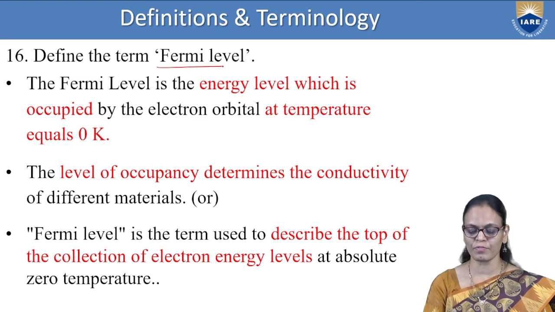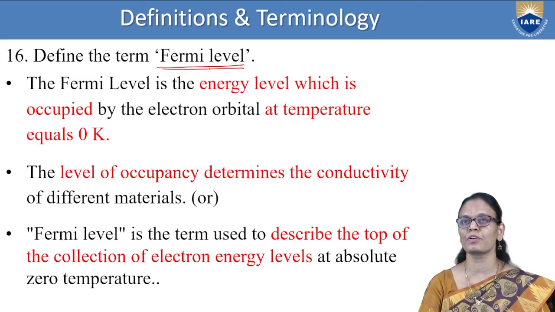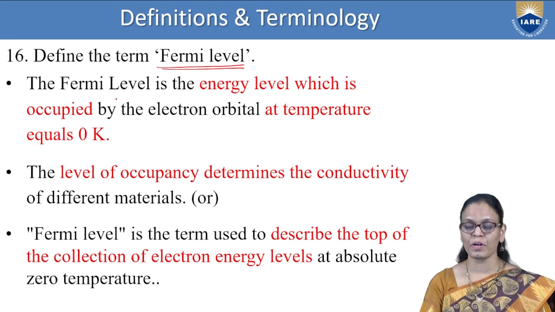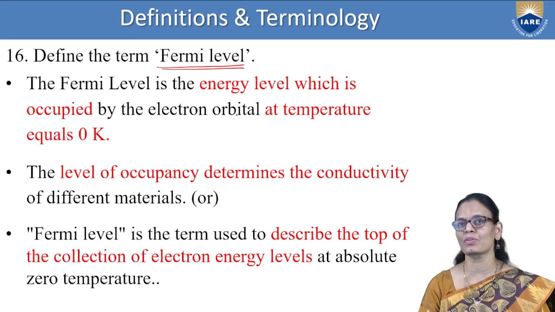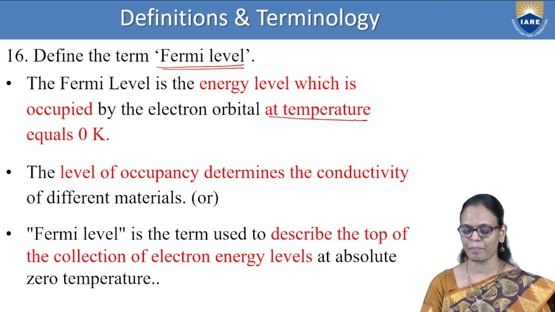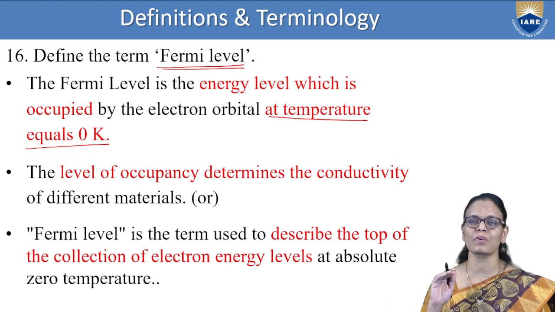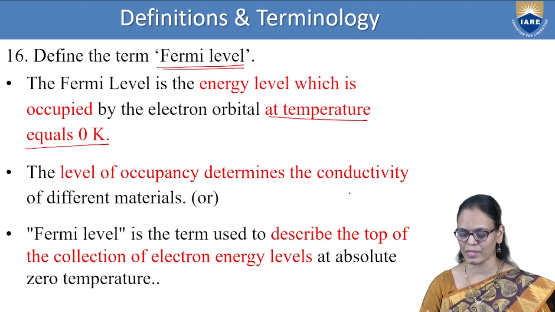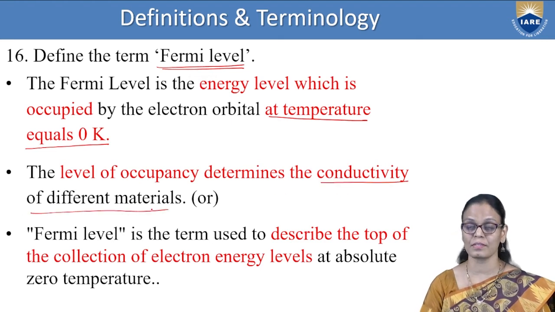Now define the term Fermi level. What is a Fermi level? Fermi level is the energy level which is occupied by the electron orbital at temperature equal to 0 Kelvin. So what is the maximum level that the electrons occupy at this temperature? We call it the Fermi level. And the level of occupancy determines the conductivity of materials.